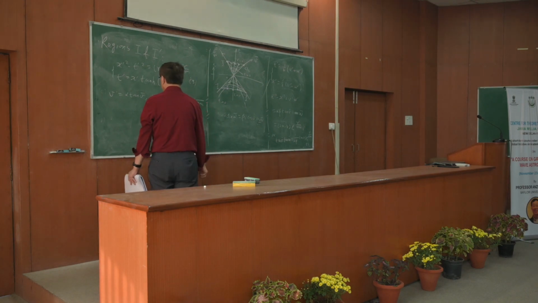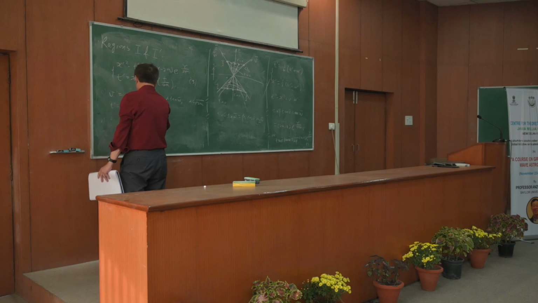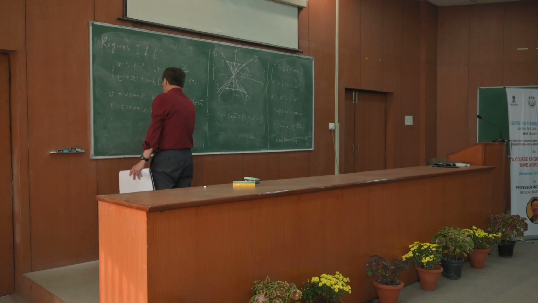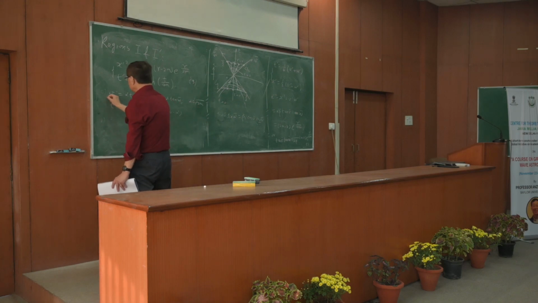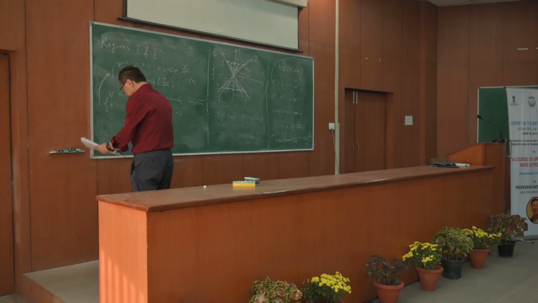We already did this. So t prime equal 1/2 (v prime plus w prime), x prime equal 1/2 (v prime minus w prime). We use this, put it here, then we get the following.